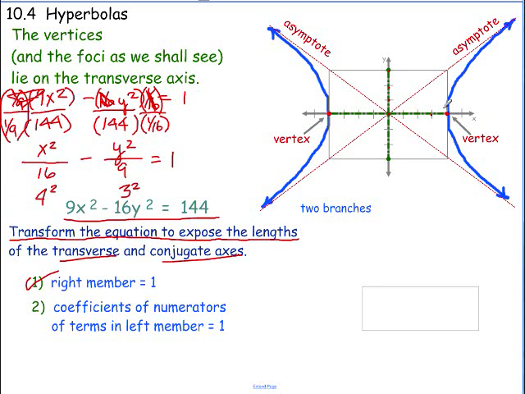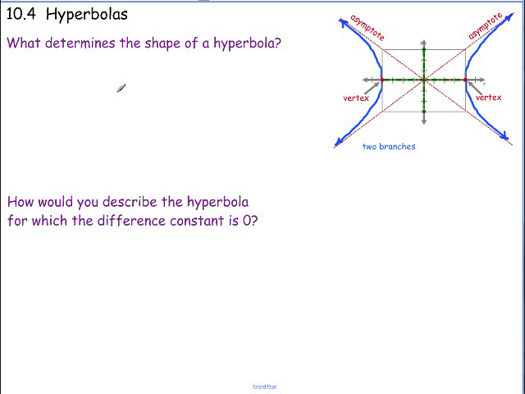It's these semi-axes that determine the shape. Or, to get more primary about it, it's the asymptotes that determine the shape. And we know where the asymptotes are by knowing what is the length of my conjugate axis and what is the length of my transverse axis.